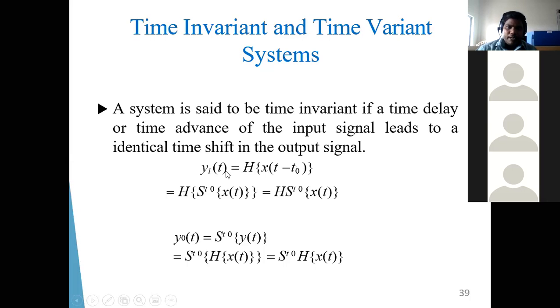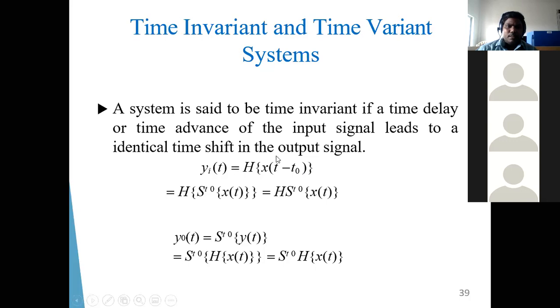So yi of t is the instantaneous output response with respect to time: yi of t equals H of x of t minus t naught.